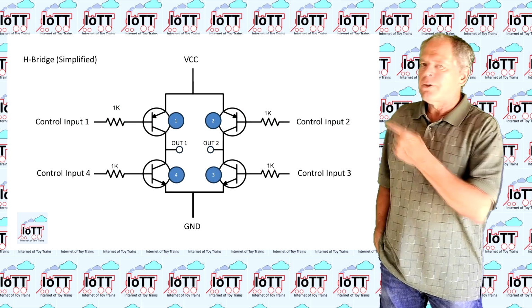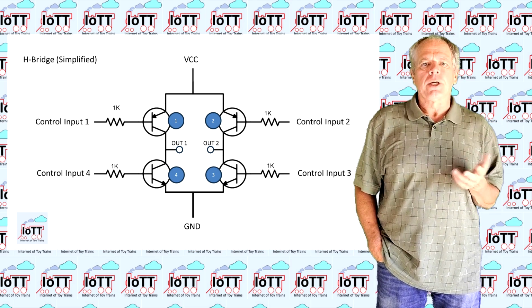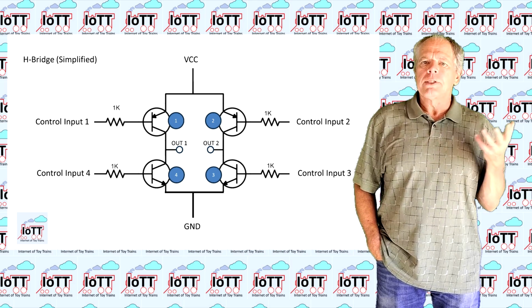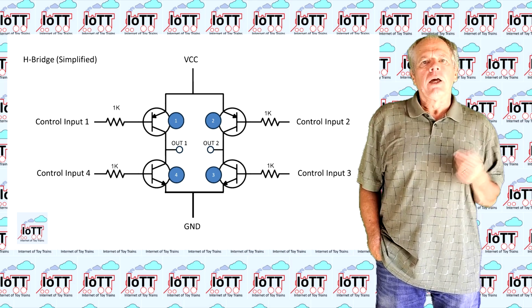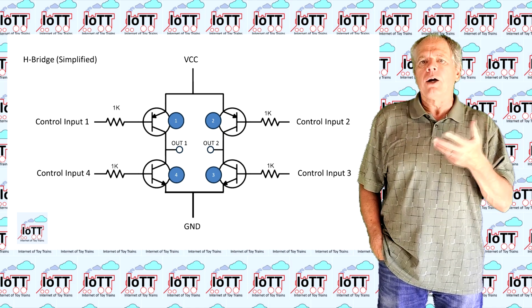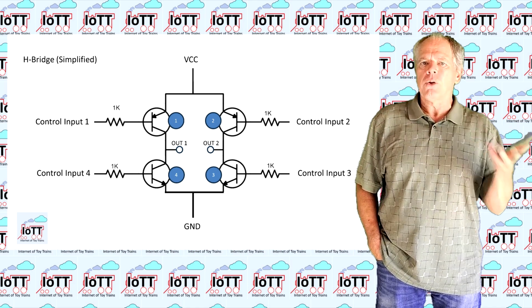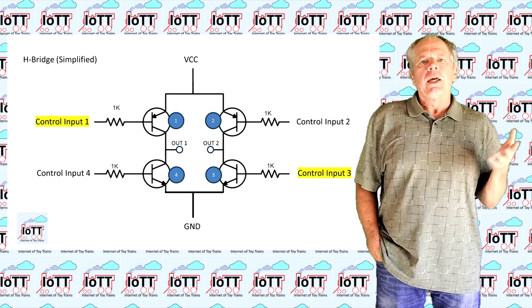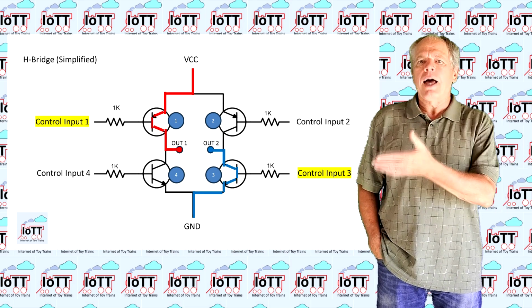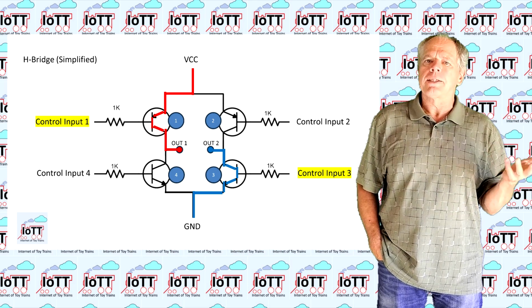Here is the internal schematics of an H-bridge, basically an arrangement of 4 transistors along with some control circuits. The 4 transistors can be used to connect each of the 2 outputs to either positive or negative supply voltage. If transistors 1 and 3 are on, output 1 has supply voltage and output 2 carries ground.